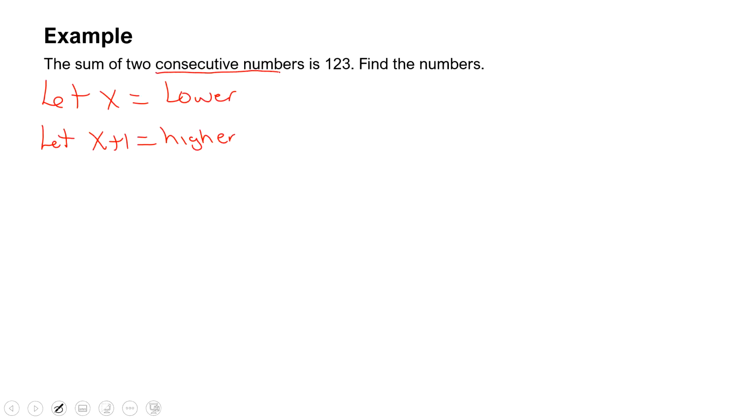My example here is consecutive numbers. Sometimes you're going to see consecutive even numbers, okay? Or consecutive odd numbers. Even though we're going even and odd, they jump 2 spots really. The way that the problems work is we're just identifying two numbers consecutively, so you can still just add 1.